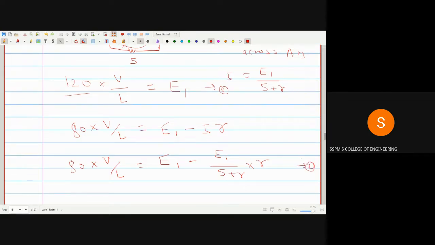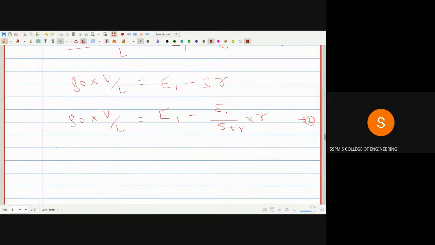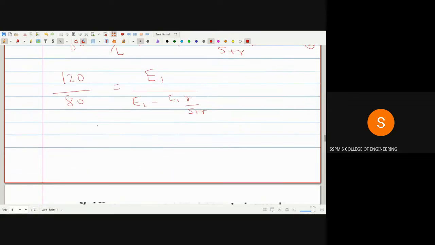Take the ratio. After taking the ratio, it will become 120 divided by 80 is equal to, in the first case, the potential across AC is E1. In the second case, the potential across EC is E1 minus E1 R divided by 5 plus R. E1 will cancel in both numerator and denominator.